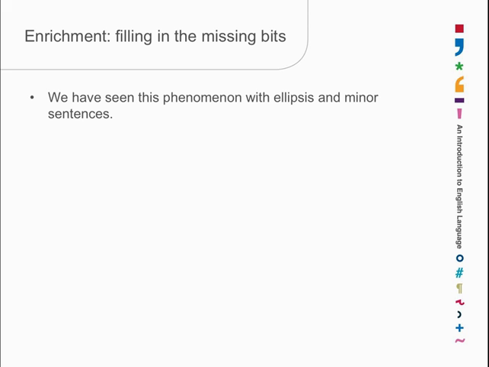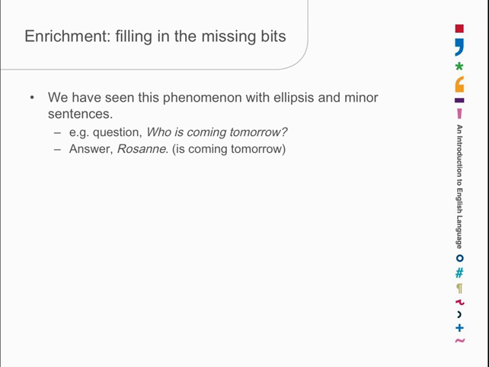Then we've seen in the syntax section that there are times when things are not there, the process we called ellipsis, and we also looked at minor sentences. So if we ask in context who's coming tomorrow, and the answer is Roseanne, then we can add the missing bit, is coming tomorrow, because this is part of the context.